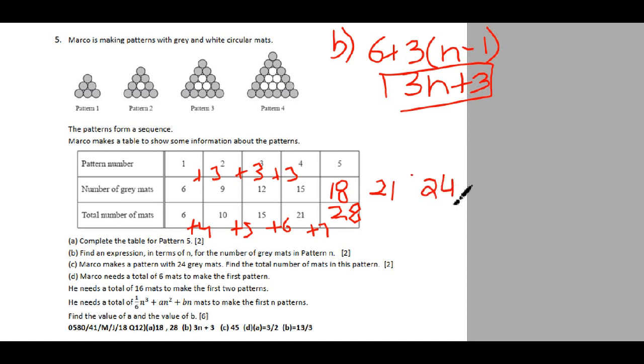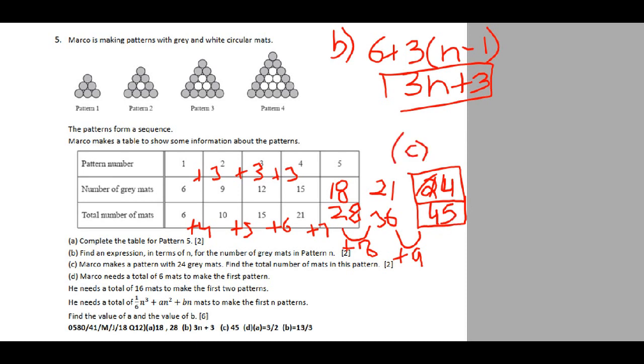So we need to find this value. So this will be 28 plus 8, which is 36, and then 36 plus 9 will be 45. So 45 is the answer for part C.